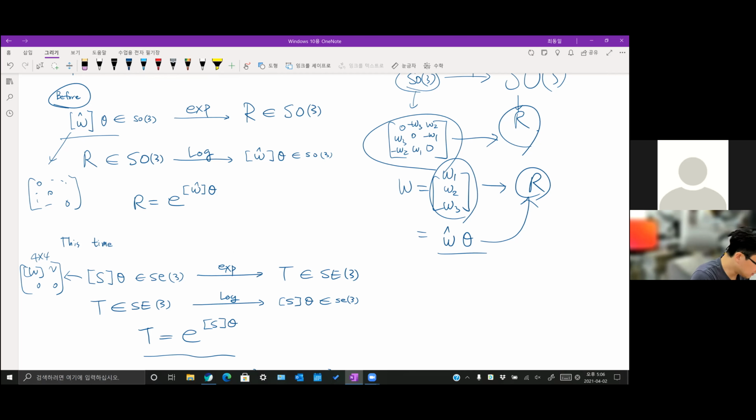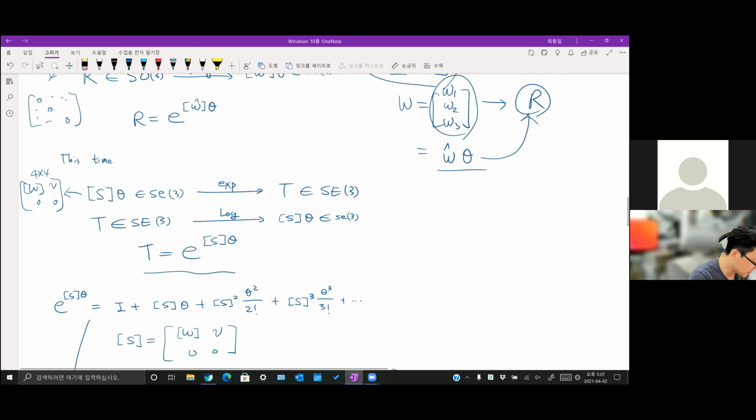And in the reverse case, we can use the log, then we can get this small se3 form. So this mechanism also works in SE3. We only learned about the SO3 case, but we can expand to SE3.